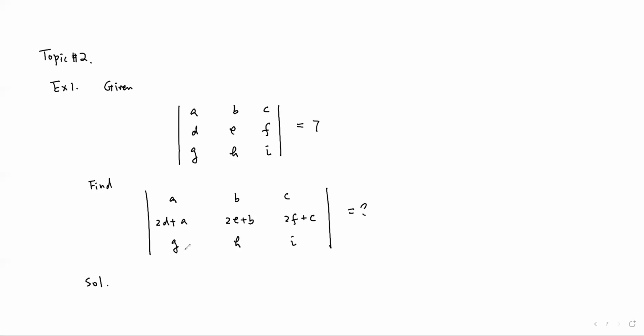Okay, now let me simplify this determinant. Let me perform minus 1 times row 1 plus row 2. Minus 1 times row 1 added to row 2, then put the result in row 2. Then I cancel A, B, and C in row 2.